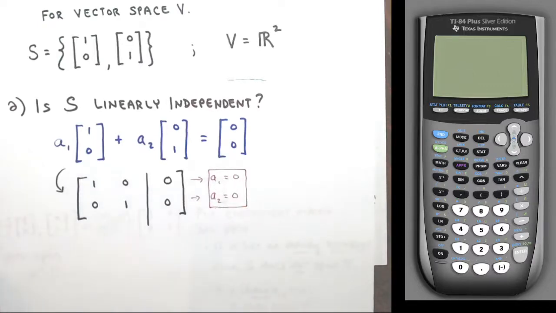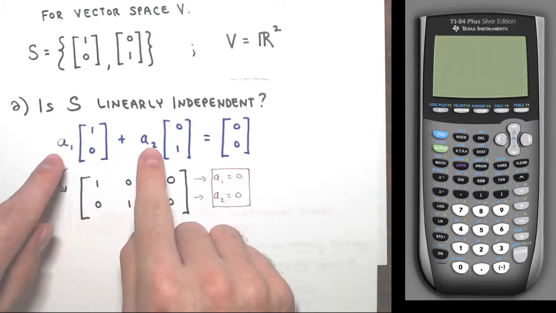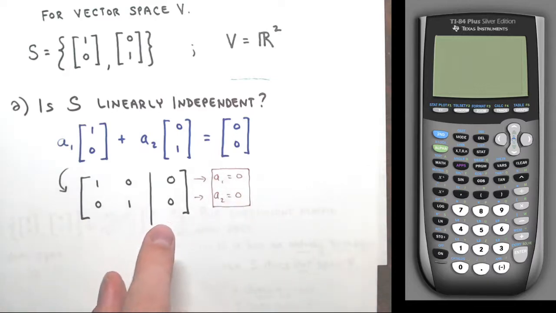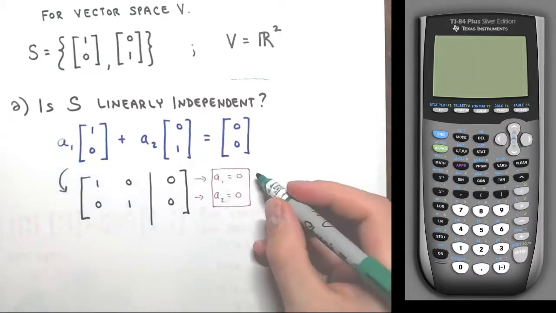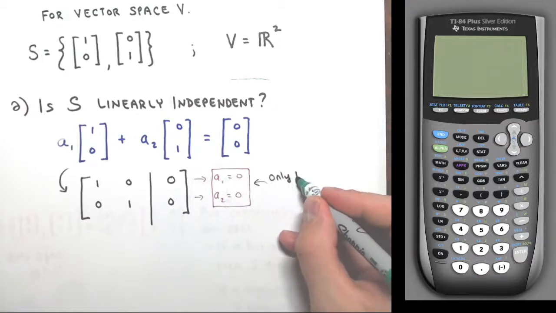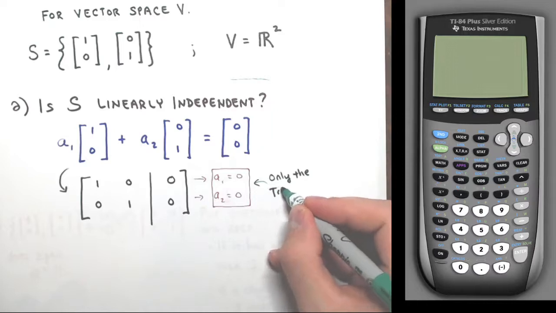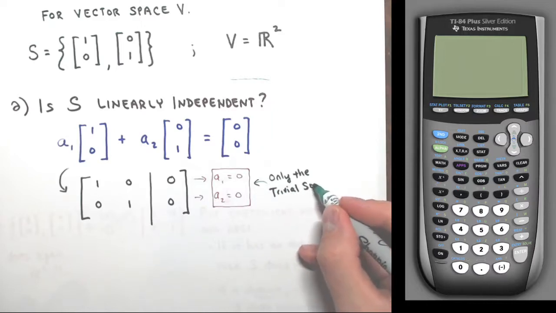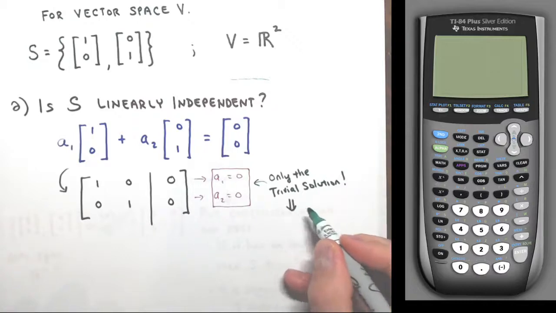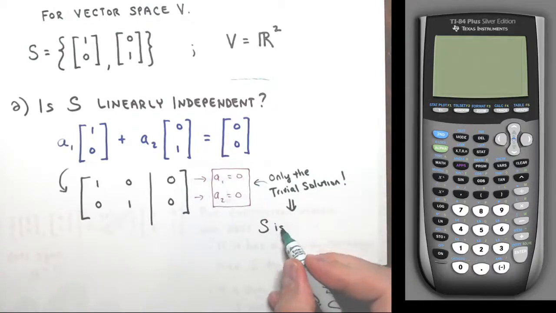When a1 and a2 are both 0, that's clearly going to give me the 0 vector. That's the obvious solution: if I let all the scalars be 0 and add them up, I get the 0 vector. This is called the trivial solution, wherein all the scalars are 0, and only the trivial solution is a solution of this system. When that was the case, then the set of vectors was linearly independent.